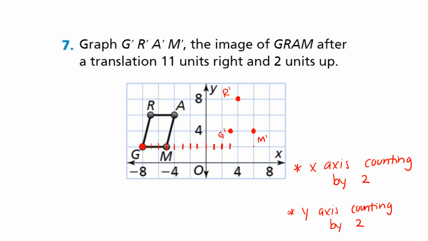For the letter A, starting at -4, going right 11, we would end up at 7, and then up 2 puts us at 8. When you connect your dots, you can see that the points line up in the same positions as they did on the original. All that has changed is the location on the graph.